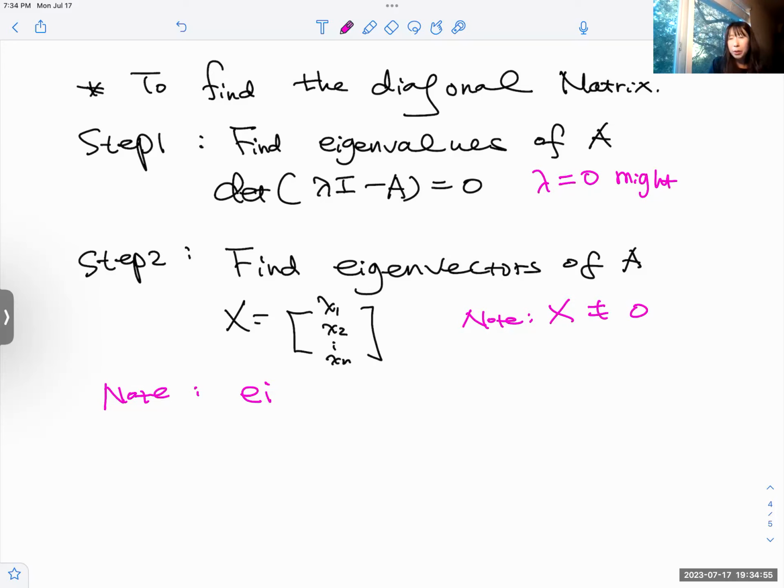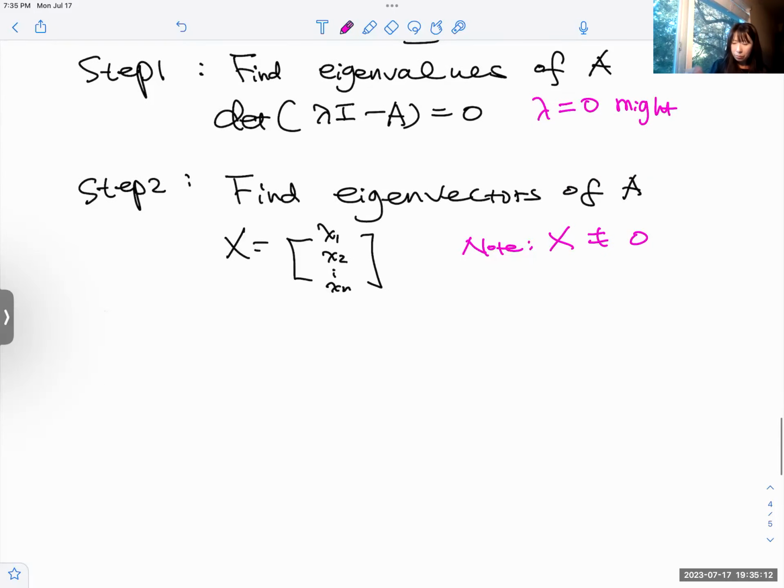We had it earlier, right? In the last lecture we proved it, kind of. So eigenvectors cannot be equal to 0. Yes, thank you, TA, for pointing that out.